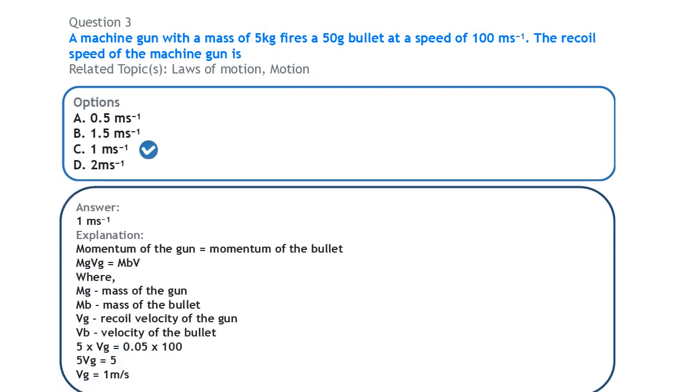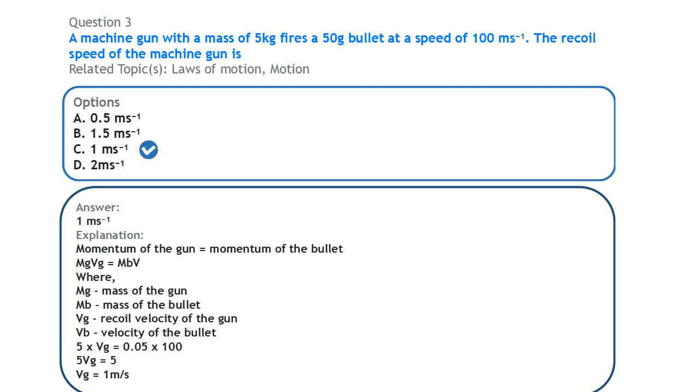Alright, so this is a question related to the laws of motion, especially the third law of motion, which states that action and reaction are equal and opposite, or to every action there is an equal and opposite reaction.